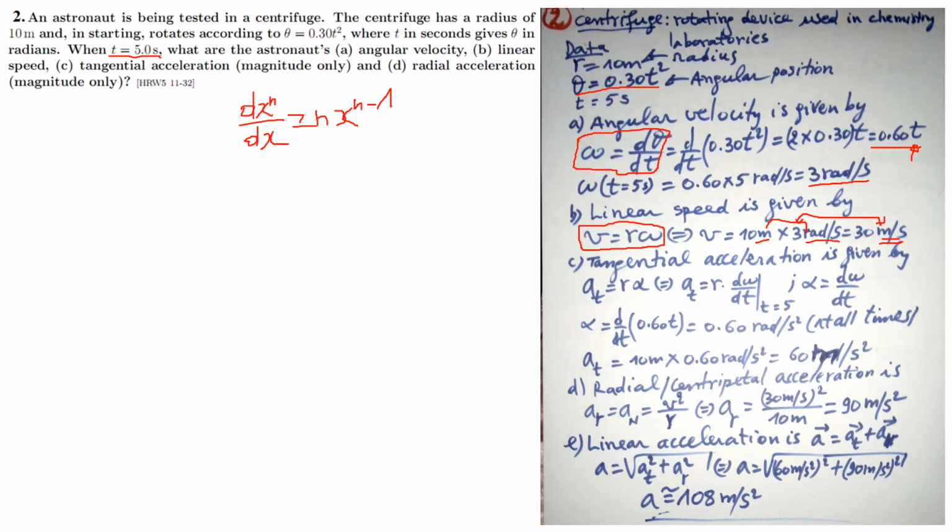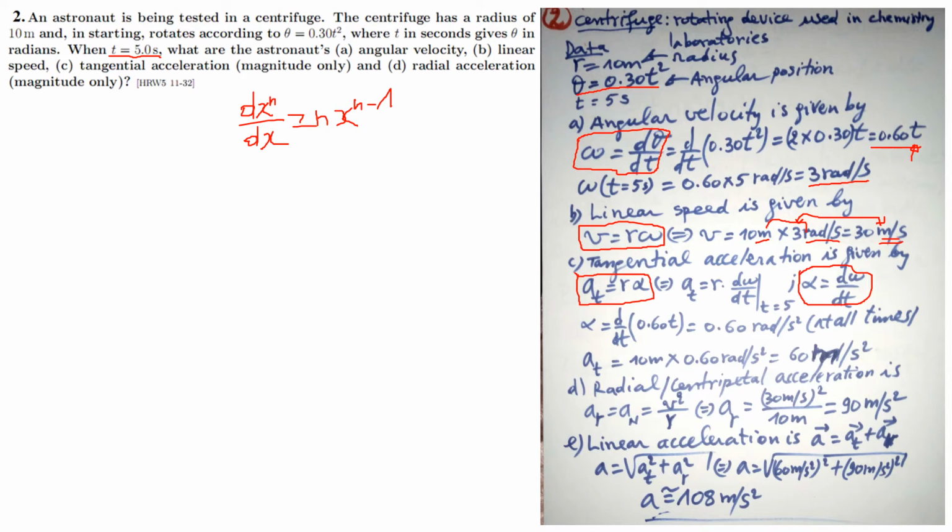Then number C, we are asked to determine the tangential acceleration, magnitude only. The tangential acceleration is given by the expression a with index t equals the radius times the angular acceleration, alpha. Then we know that the angular acceleration is equal to the first derivative of angular velocity with respect to the time.